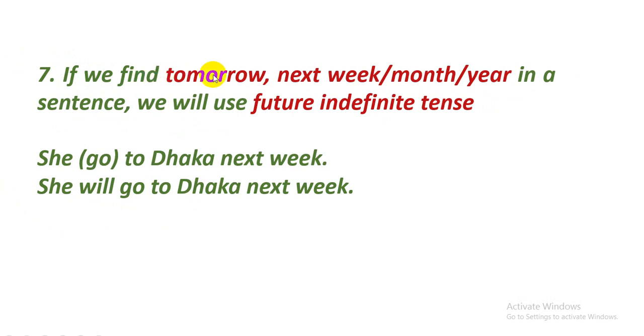If we find tomorrow, next week, next month, next year in a sentence, we will use future indefinite tense. Example, she go to Dhaka next week. She will go to Dhaka next week. The structure of future indefinite is subject, shall, will, V1.